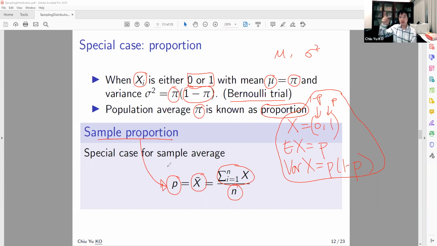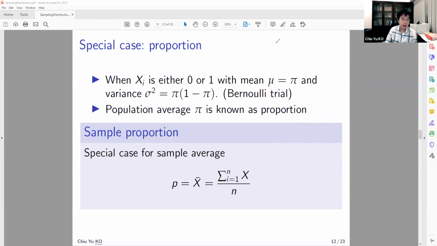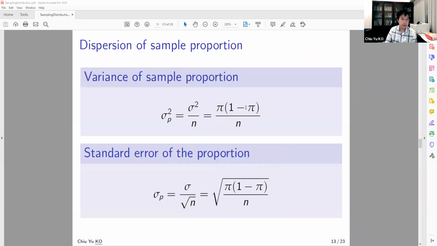So there's no difference from what we had before, but the value is either 0 or 1. That is the only thing to be concerned about here. In this particular case, the variance of the sample proportion can be simplified further to pi times 1 minus pi over n, and the standard error of the proportion will be the square root of that.